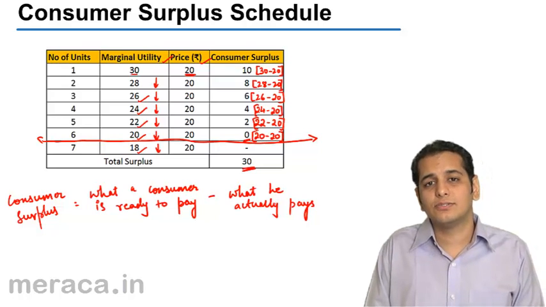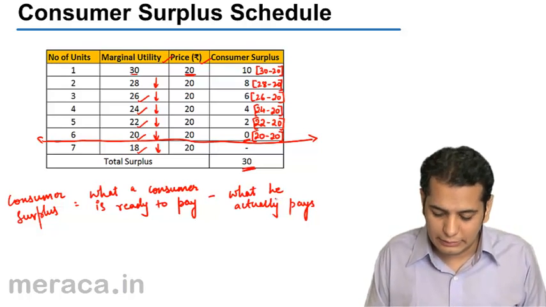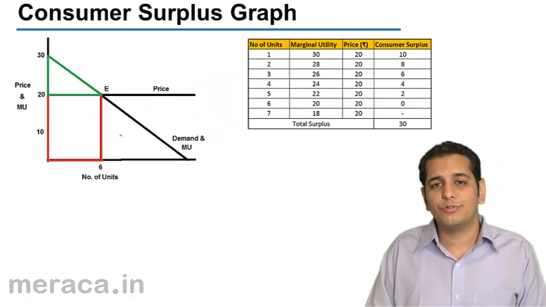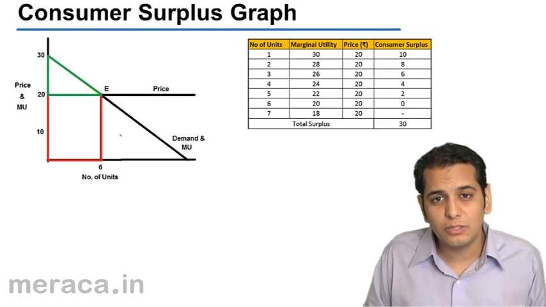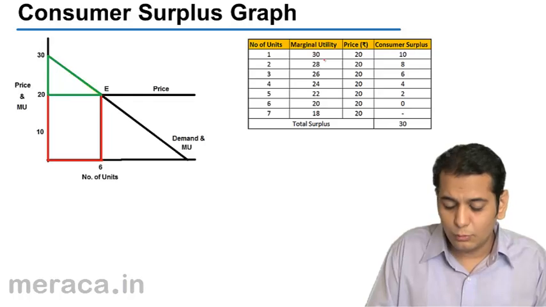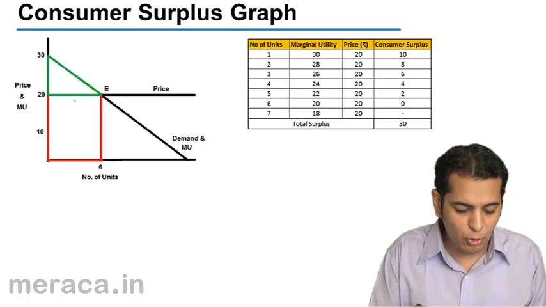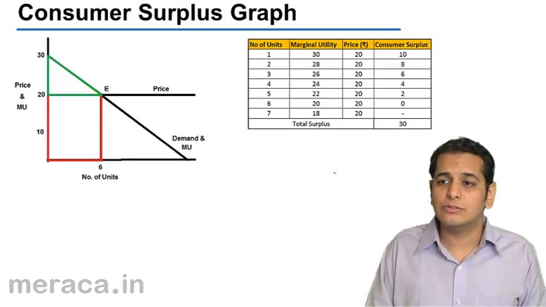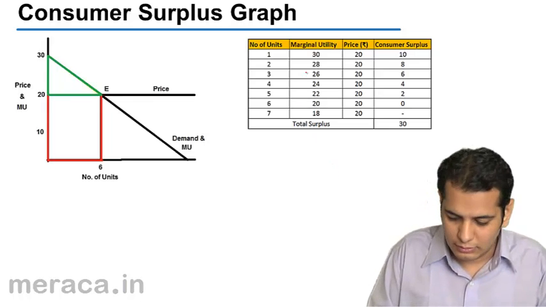Let's understand this better with the help of a graph. Now here we have a graph which displays consumer surplus. Going back to the schedule, we'll plot the points on the graph and see what the consumer surplus is.